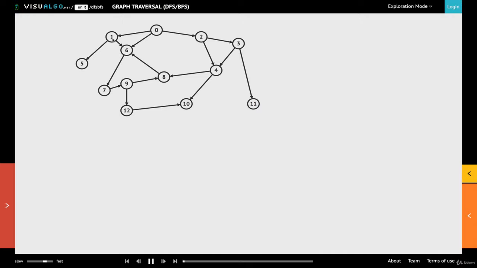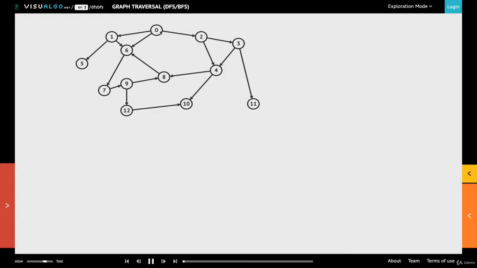And when we say siblings, it's kind of different than a tree because they're not necessarily on the same level. But let me just put it this way. If we start at 0, let's say that we always choose the lowest number as our next item to visit. So we go 0 to 1. Now in a breadth first, which we'll come back to, we would then visit the other neighbors of 0, like 2 and 6.